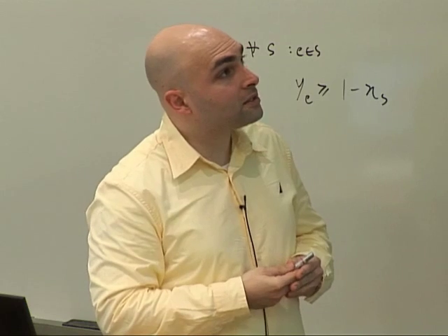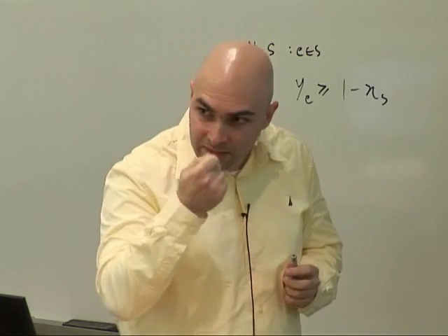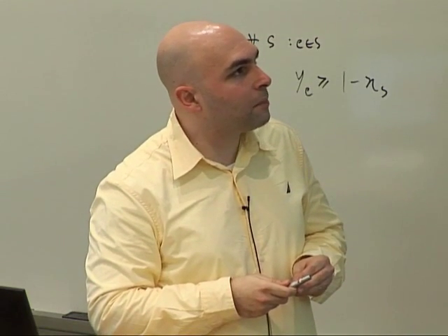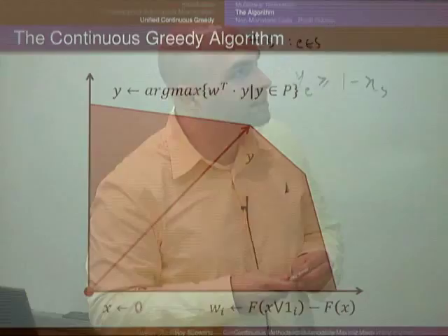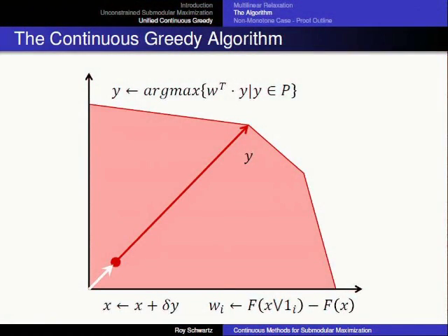So if we move only slowly, it makes sense to find the best point in the polytope that maximizes this. This is kind of a replacement for the gradient, in a sense. So we find y, and we move x a small delta step size in the direction of y.